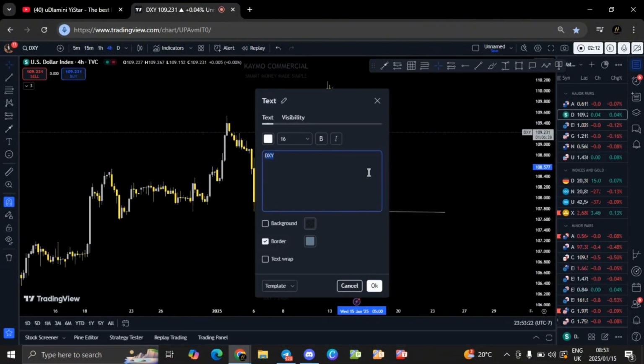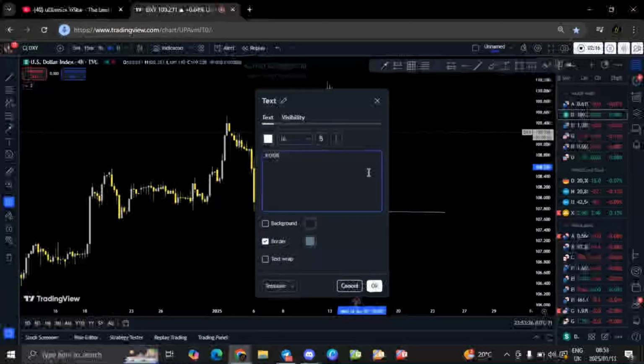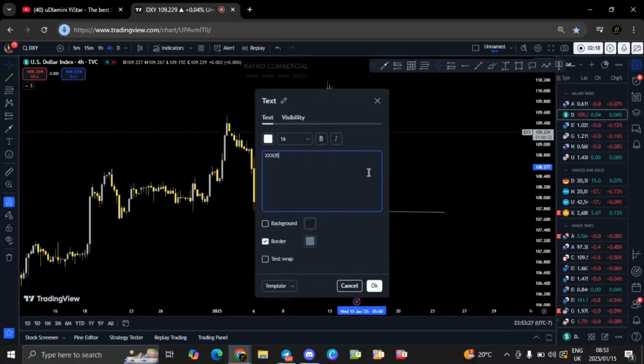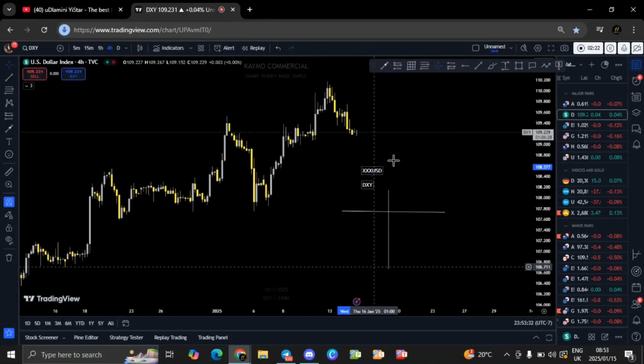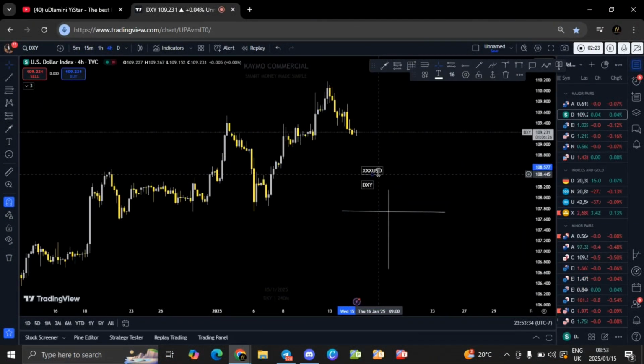What I'll do is, let's say XXX USD. I didn't say gold, but you can also use gold as an example. The reason I say XXX USD is that each and every other pair that starts with the opposing currency, not USD, is on this side.